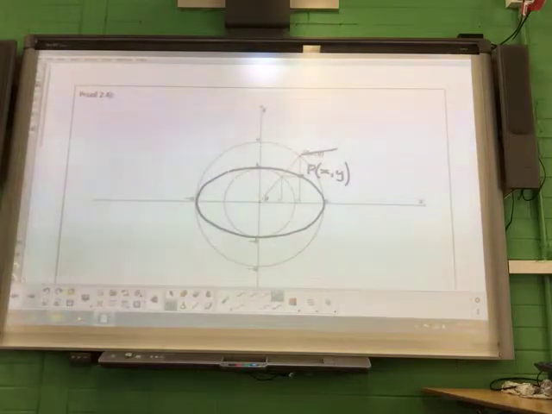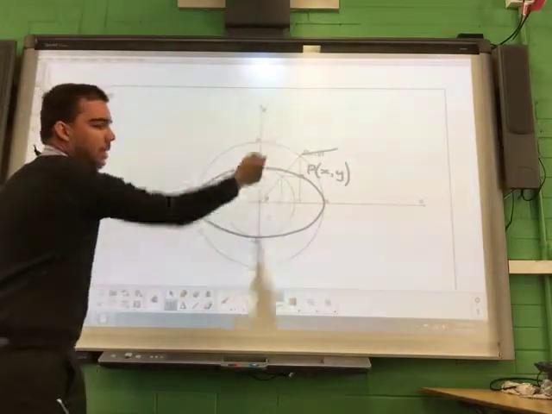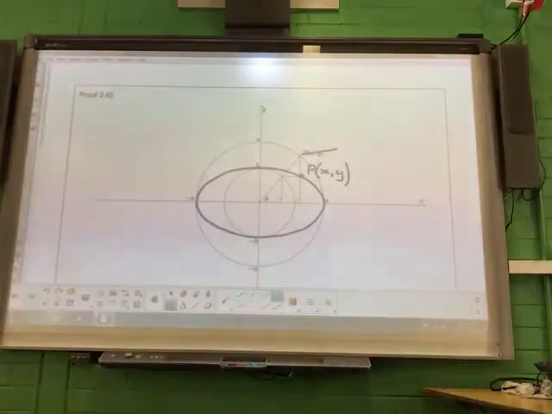Using that, I can do the same sort of thing. Pick a point P to make the angle of theta in the centre, and I'm going to use the big and the small circle to get the information I need.